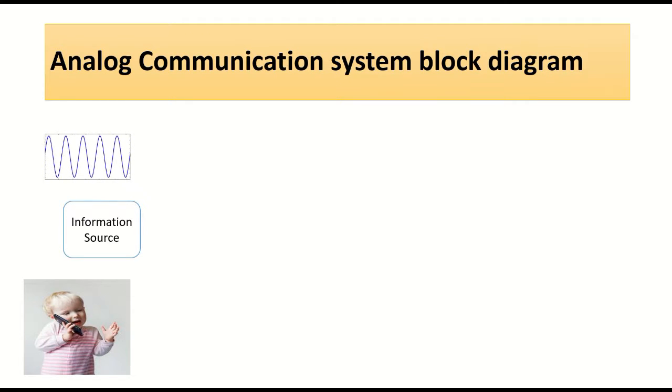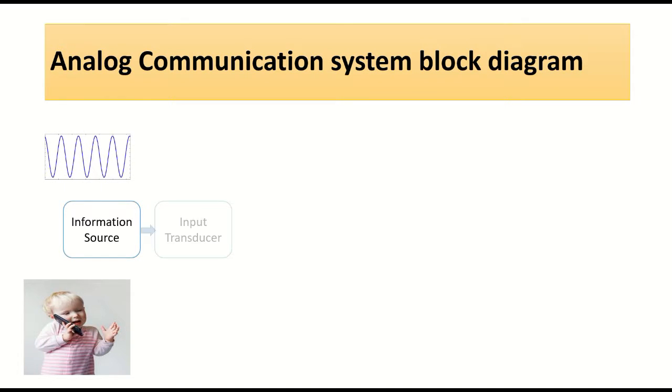What happens if you have the information present in non-electrical form? Let's say I'm speaking something, it is a voice signal, but it is not in electrical form. Then I may require some device which can convert this non-electrical energy into electrical energy.